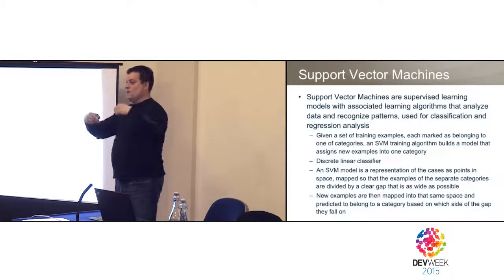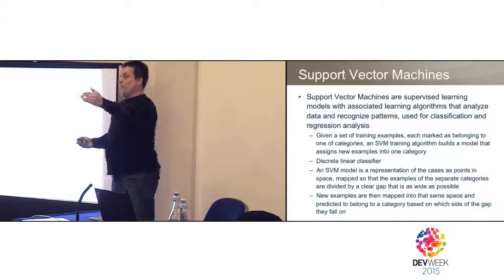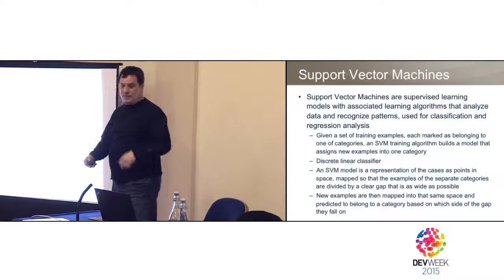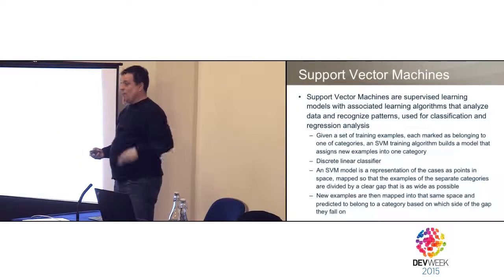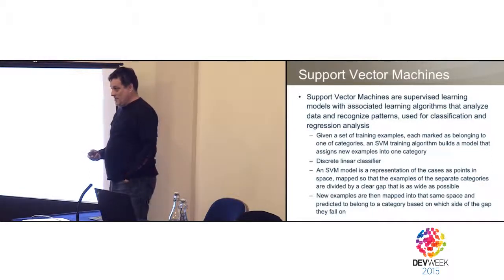And if I use more input variables, like three, I have three-dimensional space, then I'm searching for a plane. And in n-dimensional space, I'm searching for a hyperplane that splits the data. So if I have a binary target variable, I'm searching for one hyperplane. If I have multiple states, I'm searching for n-1 hyperplanes.